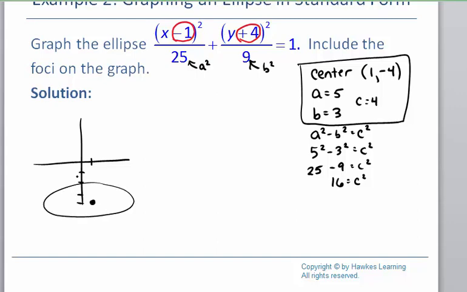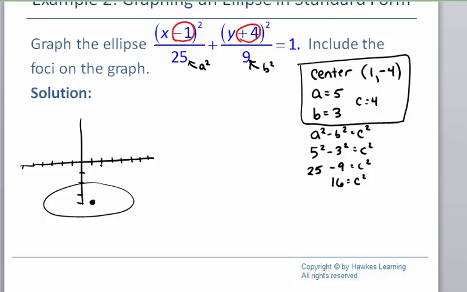Okay, so let's go ahead and work on finding our foci and our vertices and our co-vertices, and then we'll be able to draw the ellipse. So recall that the vertices come from the A value. All right, so on my graph, put a few more tick marks. What I need to do is count over from the center in both directions 5 units, because the A is 5.